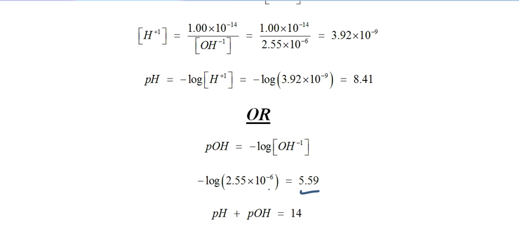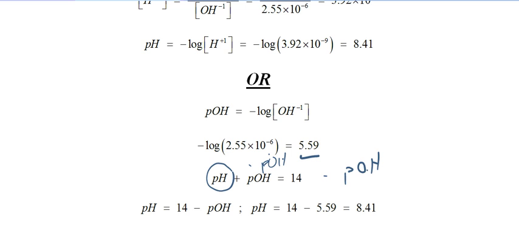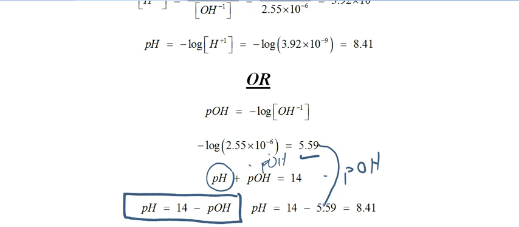Actually we want to rearrange this. Since we're looking for the pH, we need to subtract the pOH on both sides. So once we subtract the pOH on both sides, now we have this equation right here, which is pH is equal to 14 minus pOH. Then plug that value right in, and you get the same number.